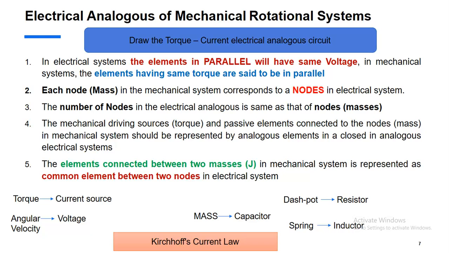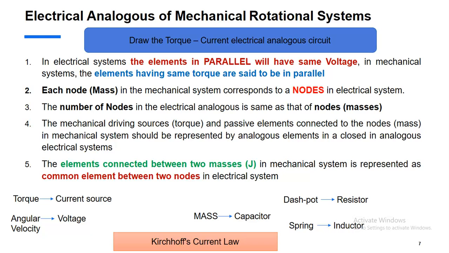The number of nodes is equal to the number of nodes in the electrical system, means the number of voltage sources and the system equations will be the same as the number of angular velocities of the nodes, that is the moment of inertia in the mechanical system.